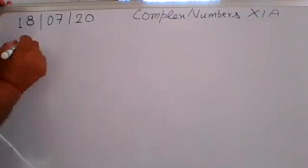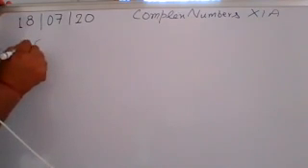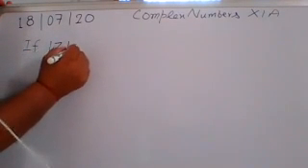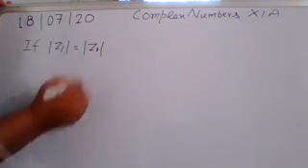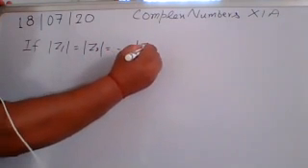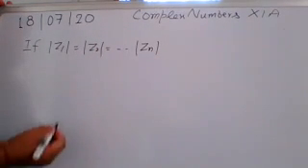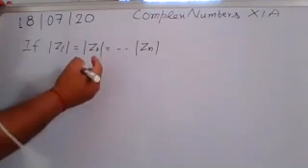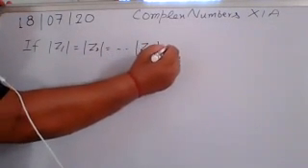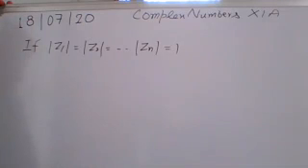So note it. If mod of Z1 is equal to mod of Z2, and up to here you have mod of Z1, meaning all the moduli of the complex numbers Z1, Z2 up to Zn, are equal to 1.